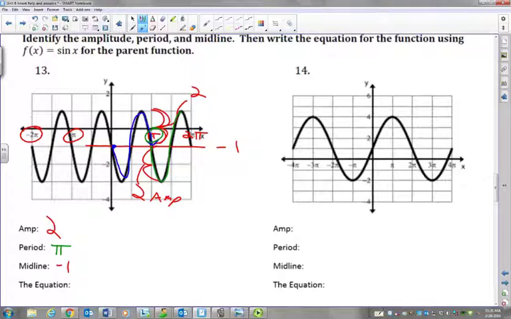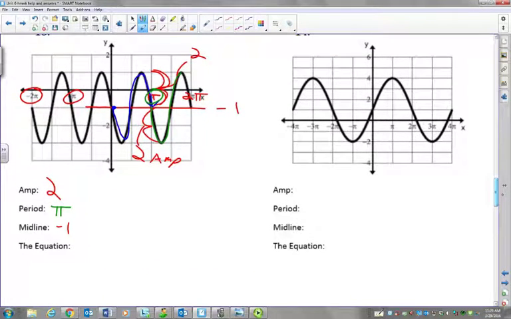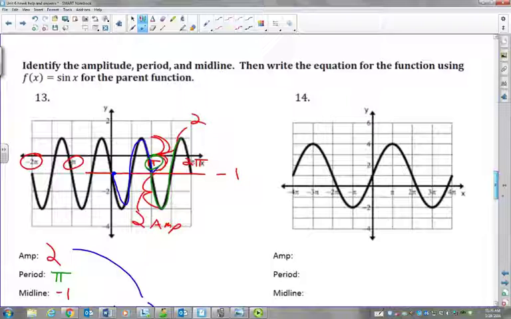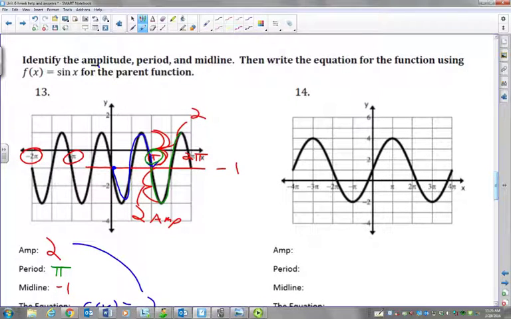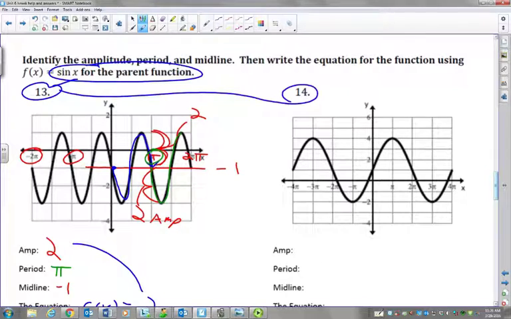Cool, so now that you've filled that out, you can just write the equation. How we find the equation is f of x is equal to, and the amp goes on the outside, the amp goes first, so we got 2. They tell us from the original problem that the parent function, again, 13 and 14, is sine.